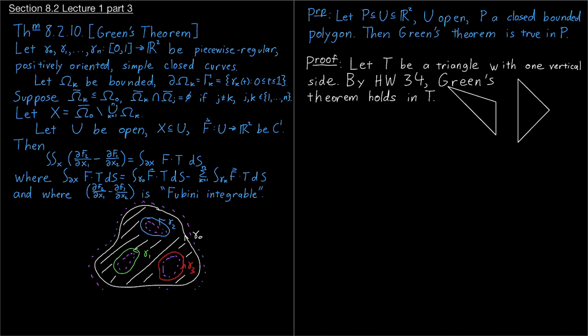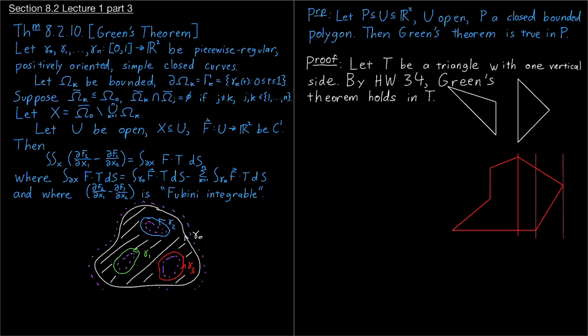And now if we take an arbitrary polygon, it is the union of such triangles. So what you do is you draw a nice straight vertical line through every vertex.